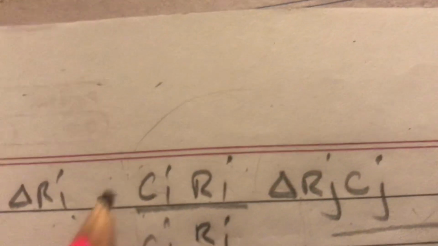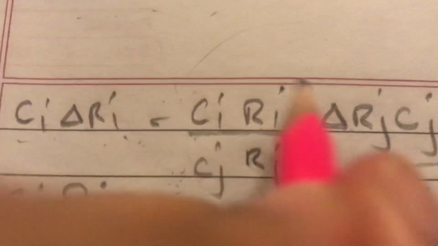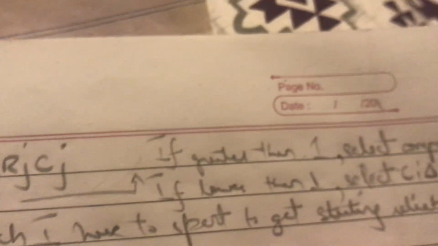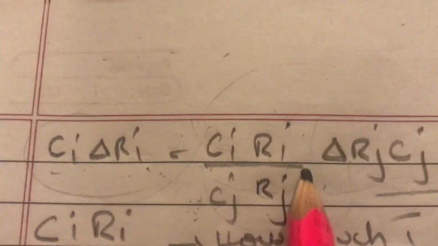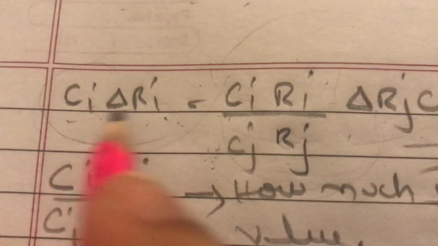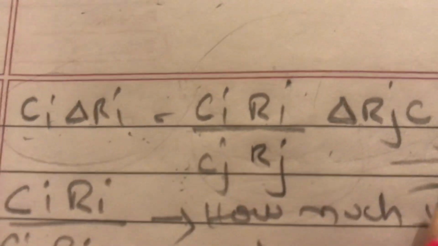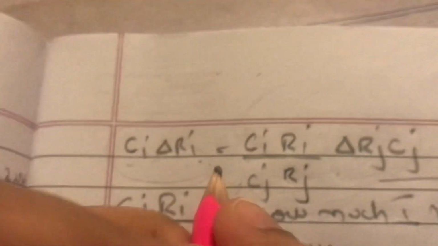And when this thing is less than 1, we have to select the same part, this one. So when it is greater than 1 we select j, and when it is less than 1, we select this part.